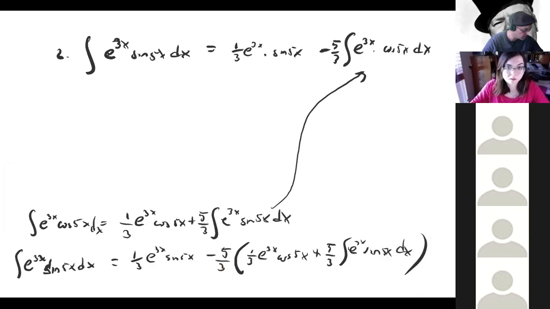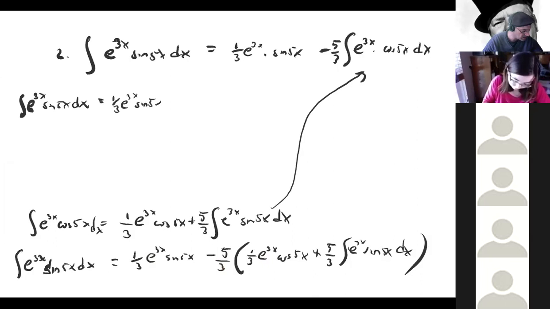So in other words, the integral of e to the 3x sine 5x dx is equal to, let me combine the first two terms, this one and this one with the constant in front of it, together. So that will be 1/3 e to the 3x sine 5x minus 5/9 e to the 3x cosine of 5x.